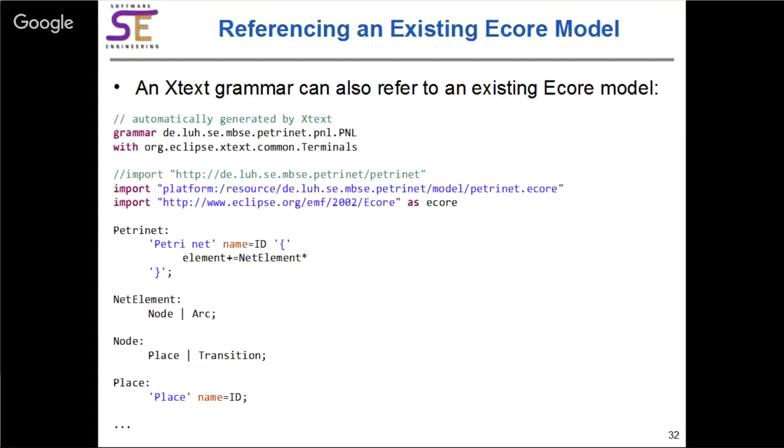Somebody has an existing language, or they thought of a language first of all on the level of an abstract syntax meta model. They didn't care yet about any kind of textual syntax. So now the task is to create a textual syntax based on an existing Ecore meta model.